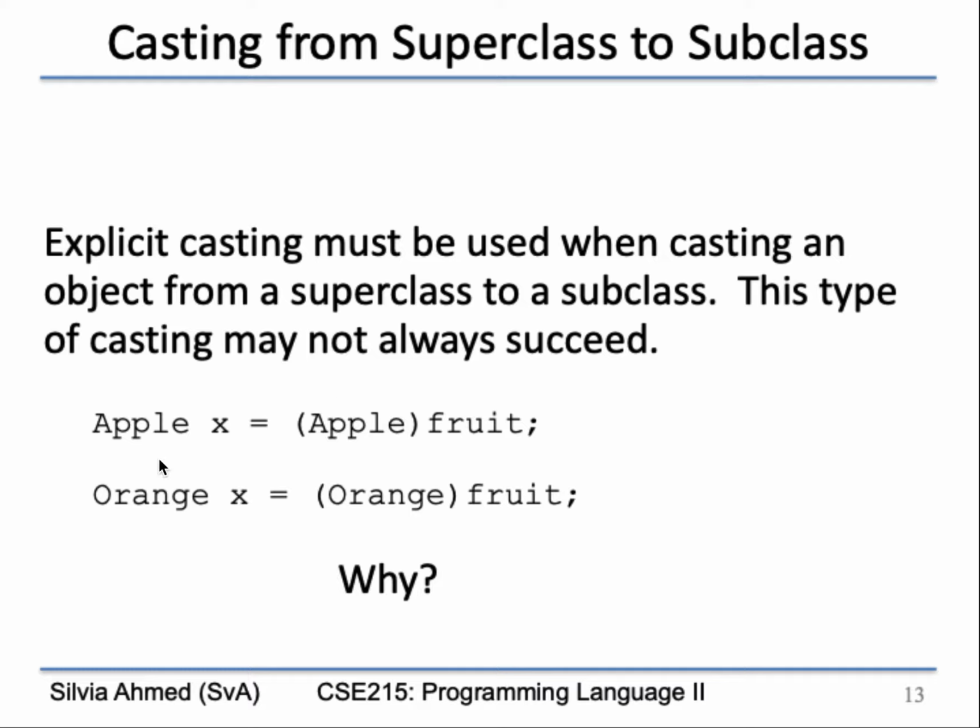For example, Apple x = (Apple) fruit, or Orange x = (Orange) fruit. This may not always succeed. Please pause this video and think about this for a few minutes, why we cannot do this.